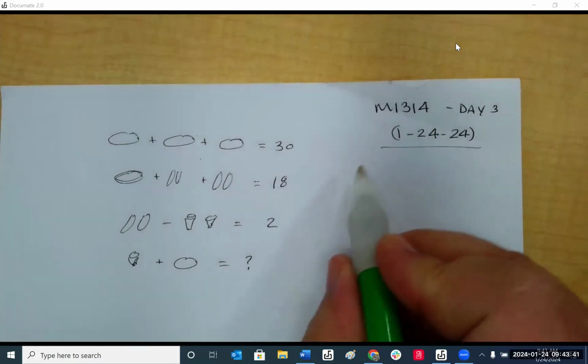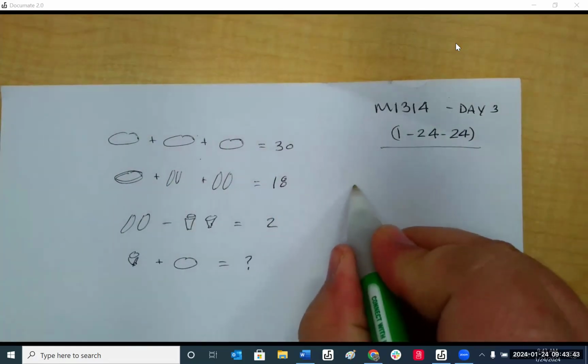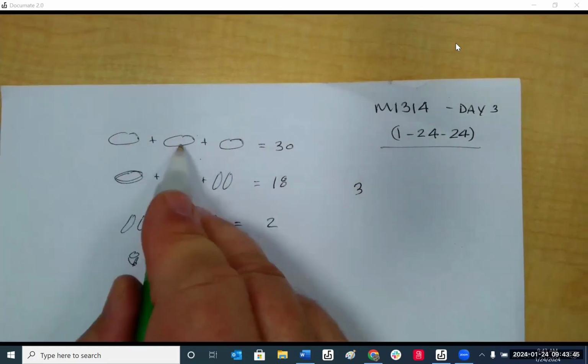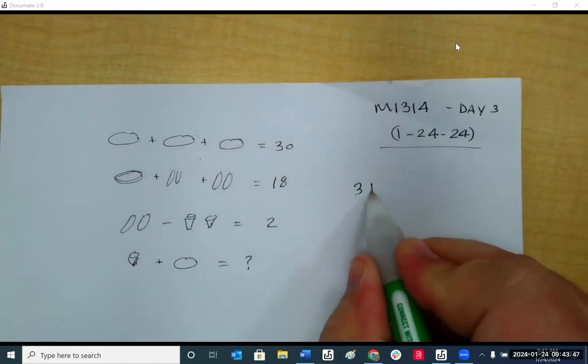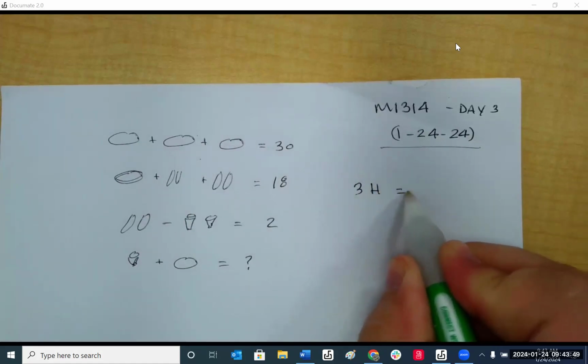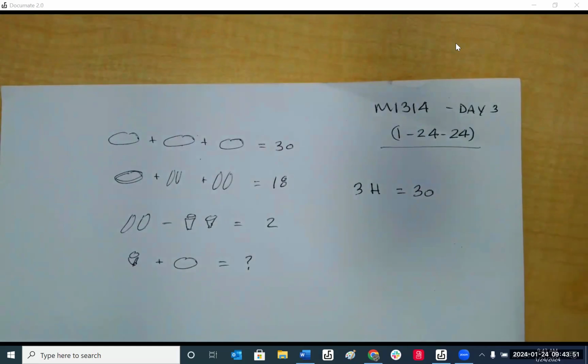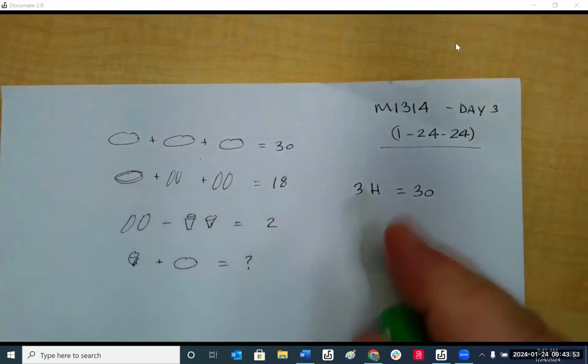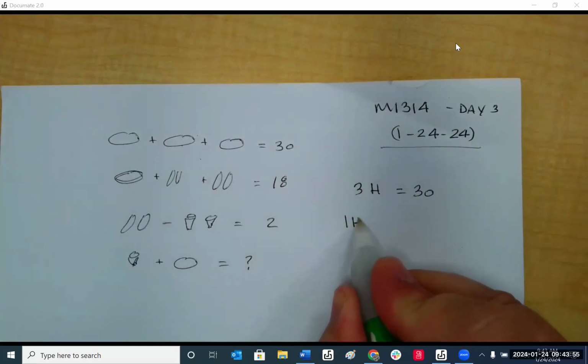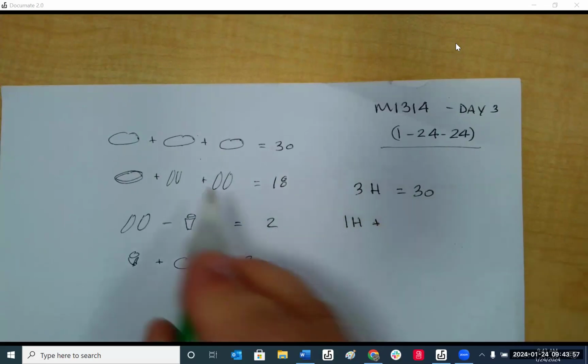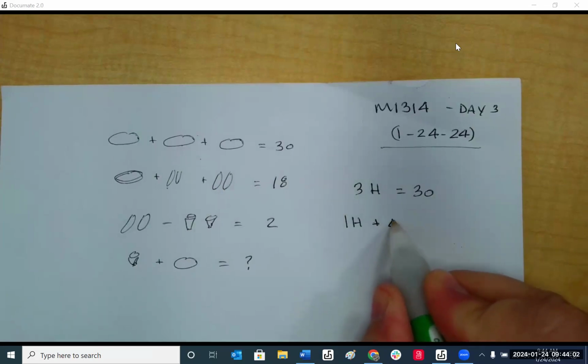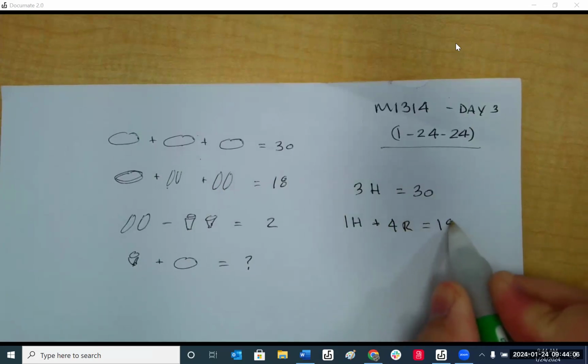The first line, we have 1, 2, 3 hamburgers equals 30. We have 1 hamburger plus 1, 2, 3, 4 rolls equals 18.